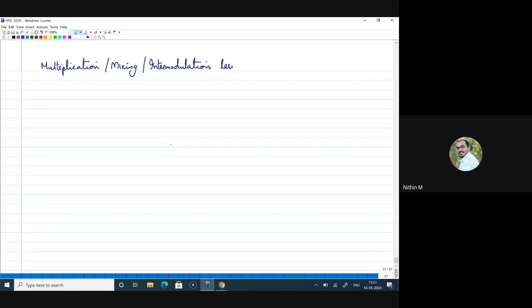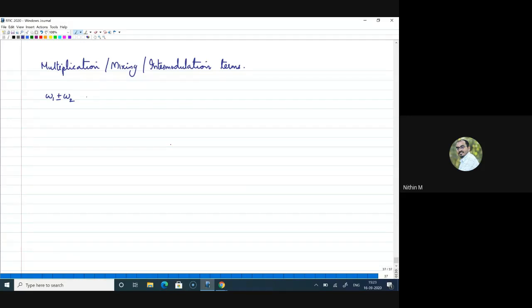Right. So how to get that? Say the frequency is omega 1 and omega 2. When the sum is raised to a power greater than 1, I'll get one term at omega 1 plus or minus omega 2, right?